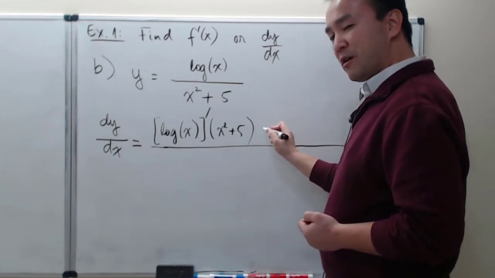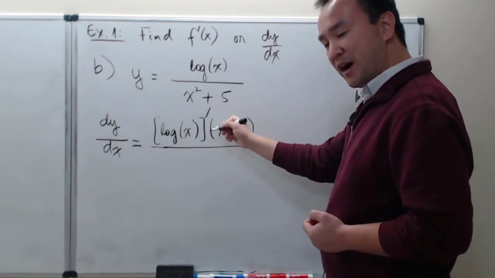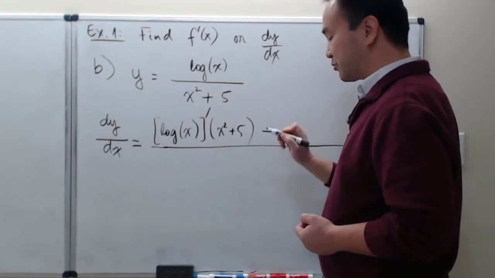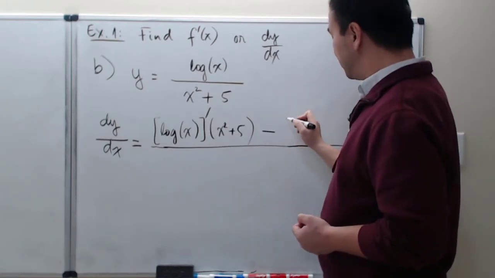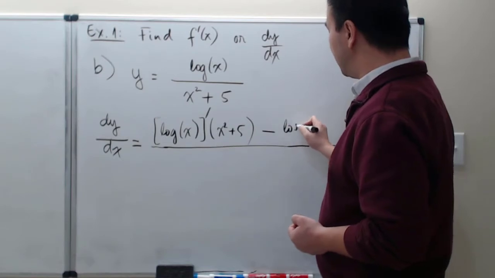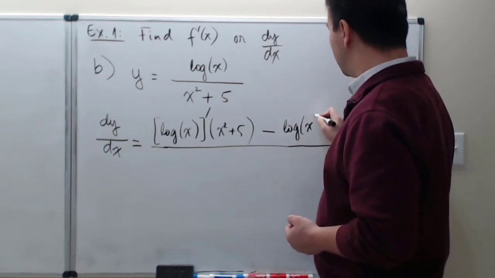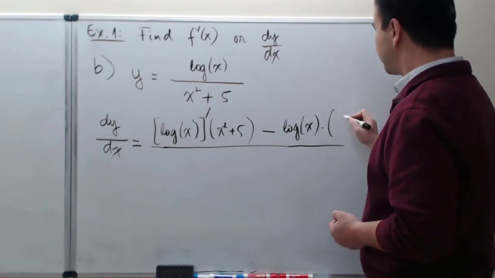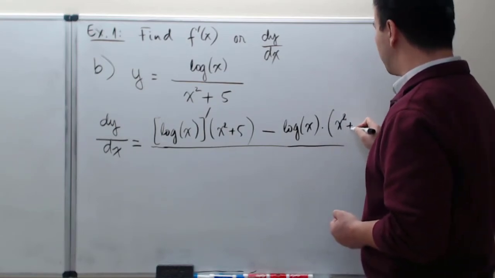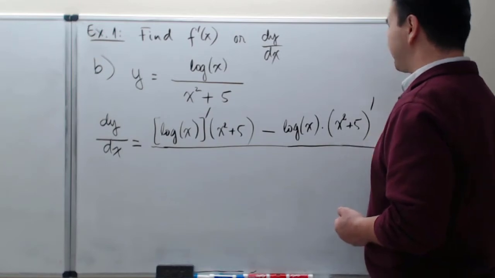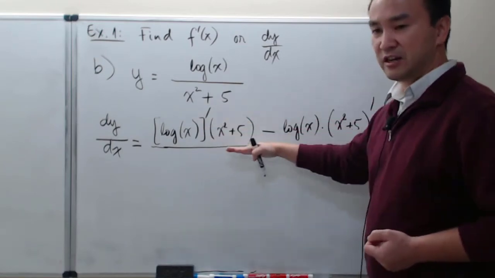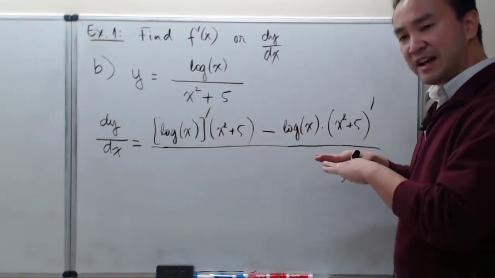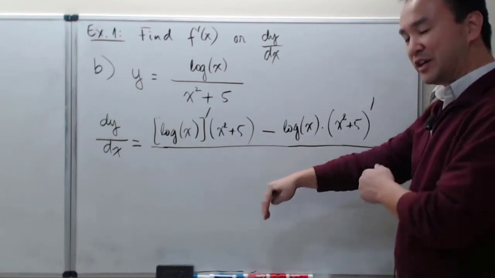So similar to the product rule, but quotient rule again as a reminder, instead of adding, we are now subtracting. Now the first term, in the next term, I'm going to keep log base 10 of x without the derivative, but then I'm going to multiply with the derivative of x squared plus 5. And that gives us a layout for what to do in the next step.